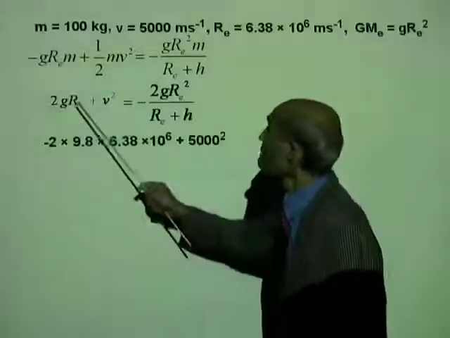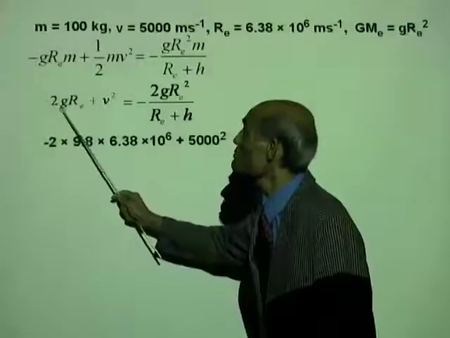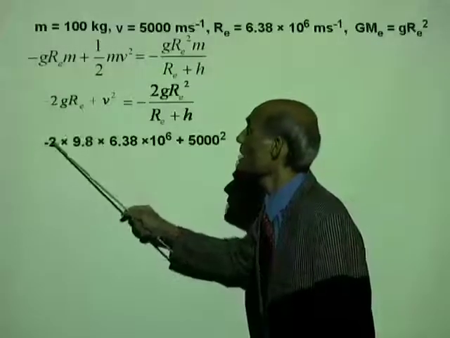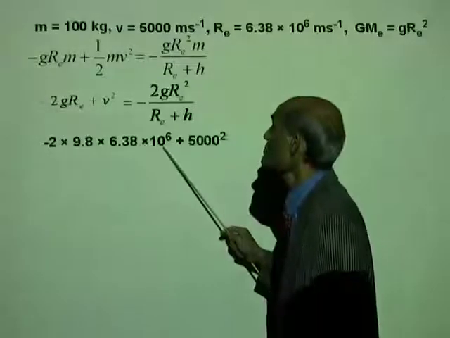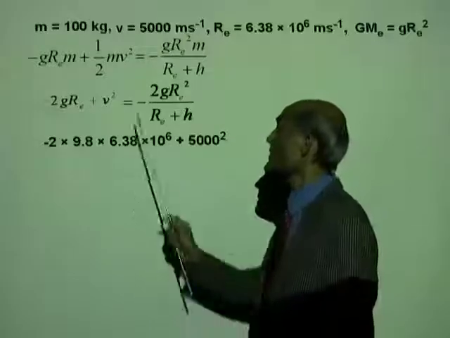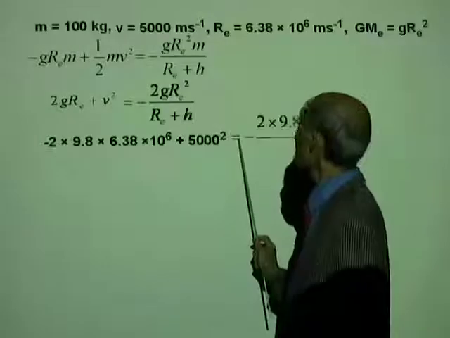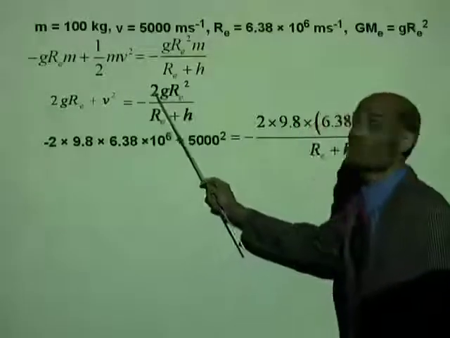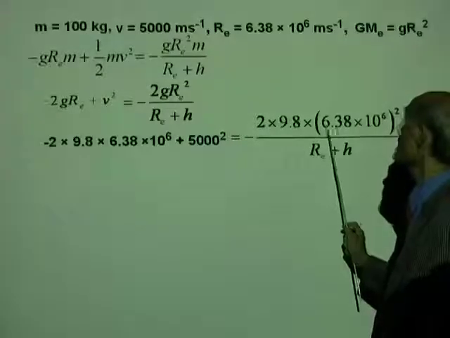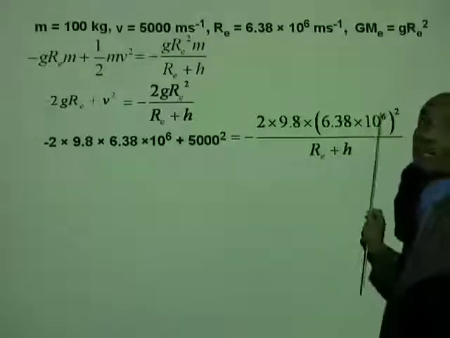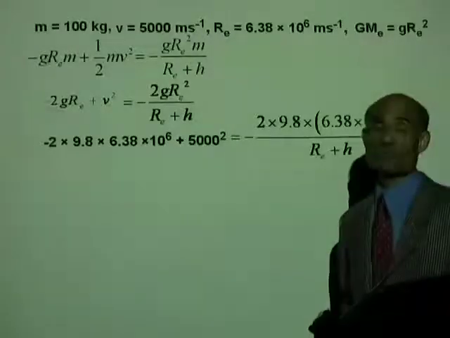Alright, you can actually put down all these values. Let's put down the values. Negative 2 GRE, negative 2 times 9.8 times RE, which is 6.38 times 10 to the 6th, plus v squared, this is the left hand side, equal to the right hand side, 2 GRE squared, 2 times 9.8, this is the radius of the earth, and you need to square it, over RE plus h.